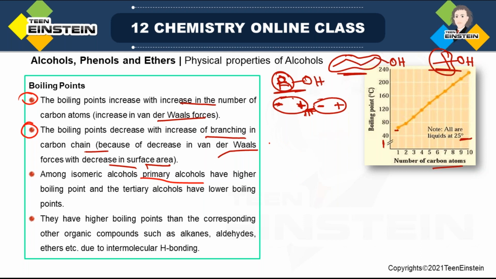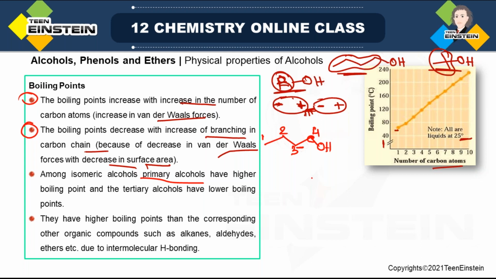So for example, if we have this linear chain 4 carbon alcohol, total number of carbon 4. Now this is 1 degree alcohol because the carbon with which OH is attached is attached to only one carbon, this one.